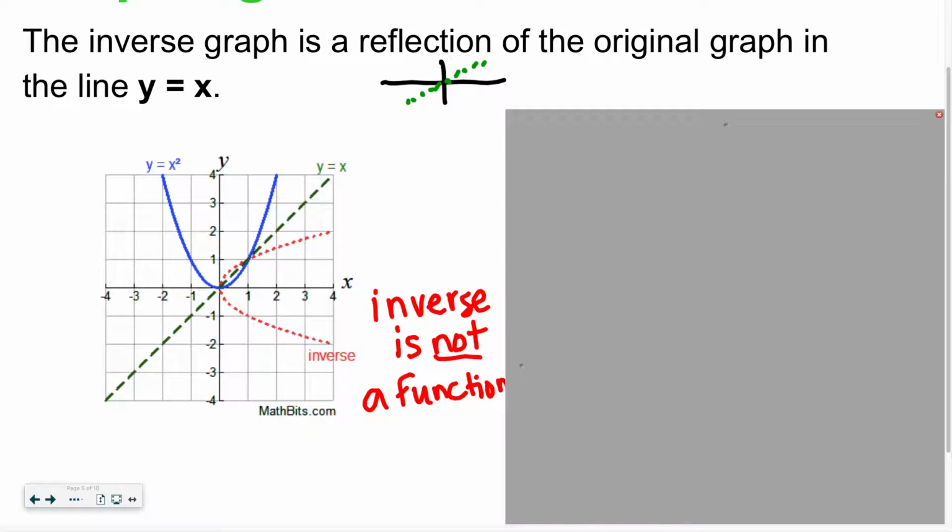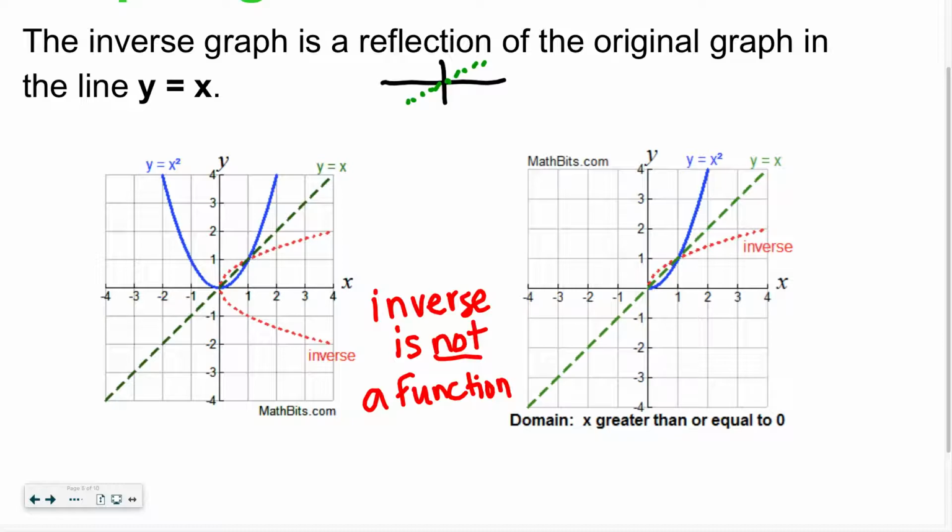Now, I could adjust this graph, this blue graph, right? If I didn't have both arms of the parabola, I could reflect one arm and the inverse would be a function. So this is a modified graph where we can find an inverse function for a quadratic. Okay.